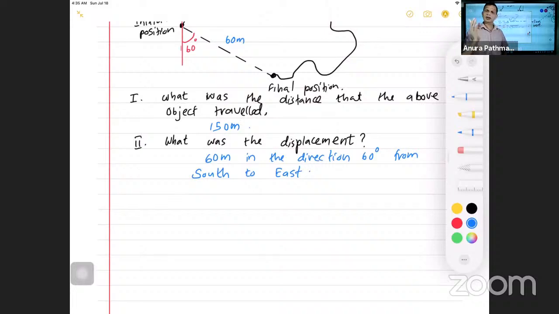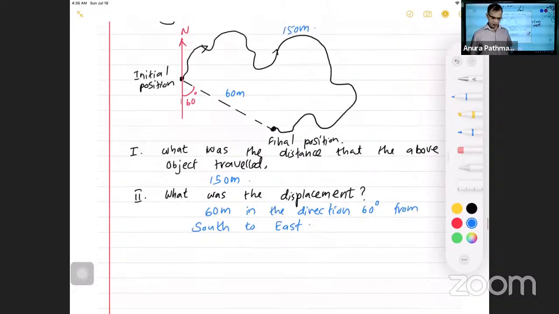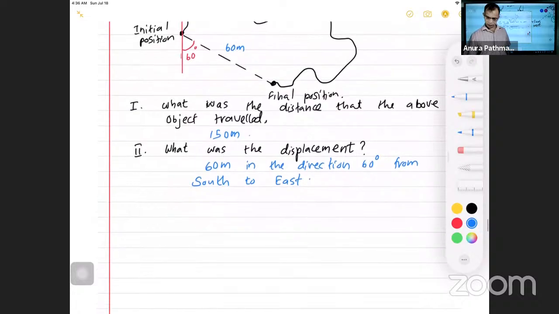So you have to mention the direction and you have to mention the magnitude as well. Moving to the third part of the same question.